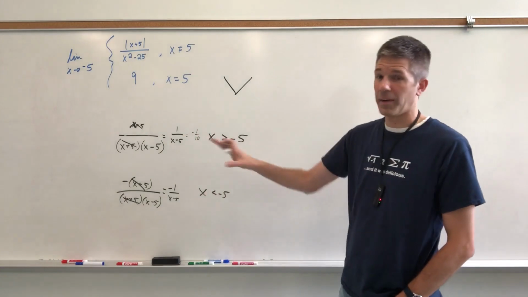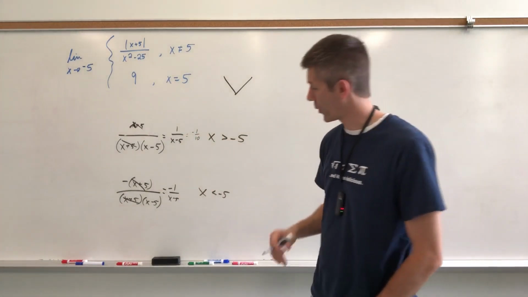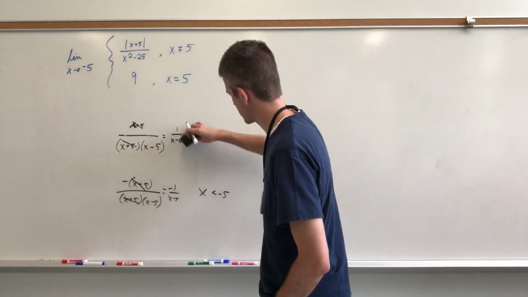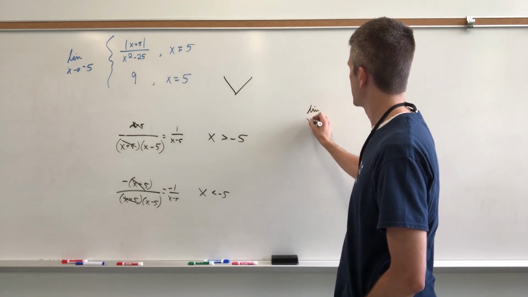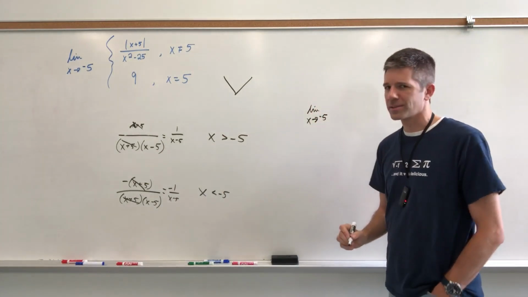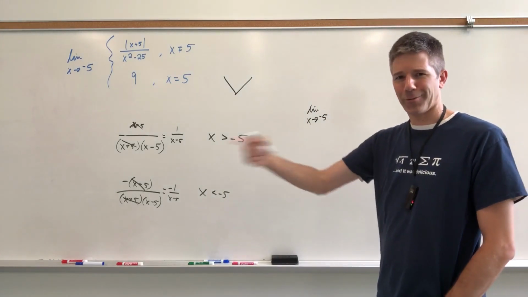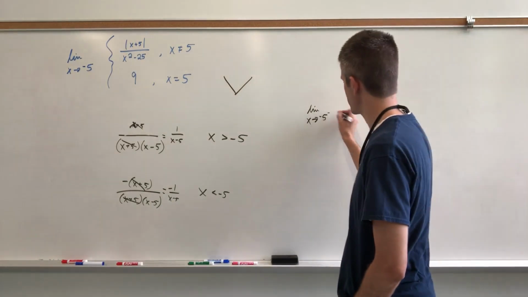Okay, and I have thrown my limit process out the window. Let's actually go back to it for a second. This is the way my work would look. The limit as x approaches negative 5, and I don't think you've seen this notation yet. I'm recording these videos out of order, so I don't remember what you've seen and what you haven't, but here goes. So just in case you need to see it.